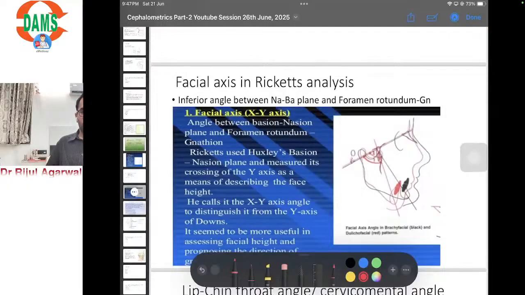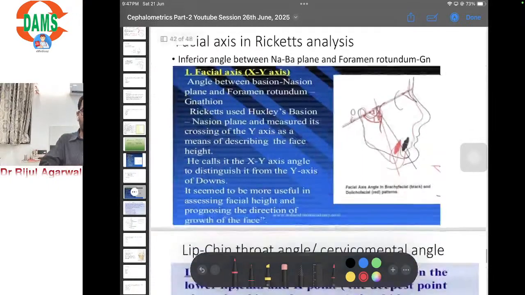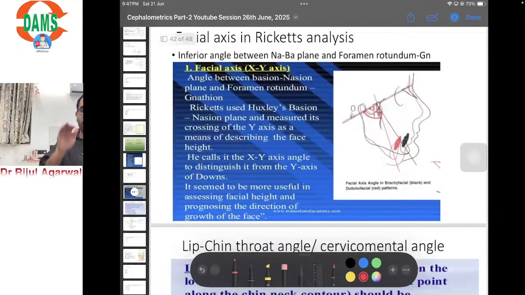Okay, next is facial axis and Ricketts analysis. As I have told you, in Ricketts analysis there are 15-16 parameters. I've just picked up a few of them which are important. Like in Downs analysis, there was the y-axis or growth axis. Likewise, there is the facial axis in Ricketts analysis.